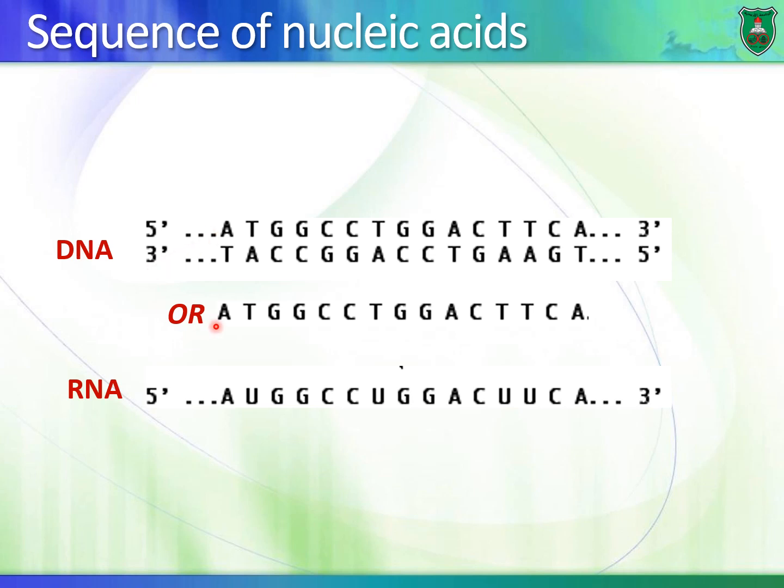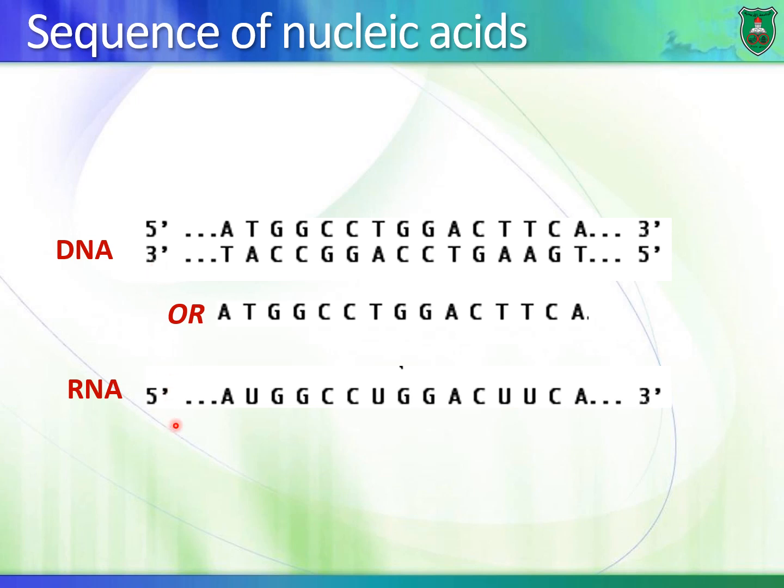So if you say A, T, G, G, I know that A would exist at the 5' end, and the other A right here would exist at the 3' end. But if you want to say 3' T, A, C, C, I know you're starting with the 3' end. You have to say it loud and clear that you're starting at the 3' end.